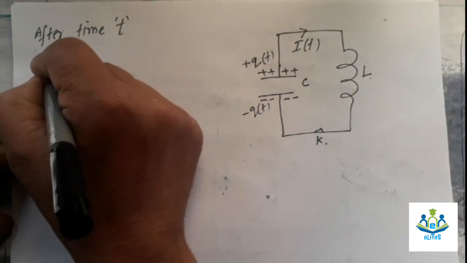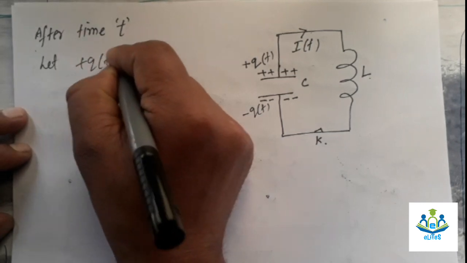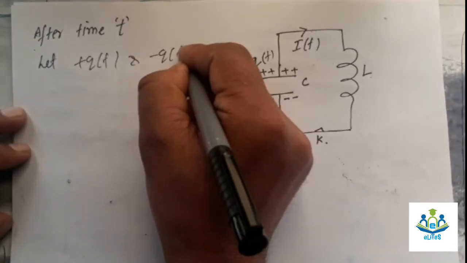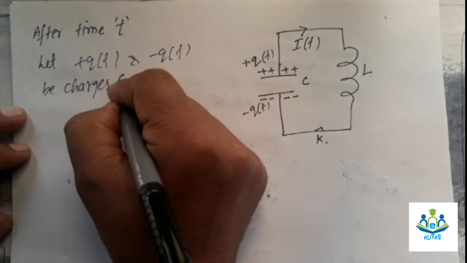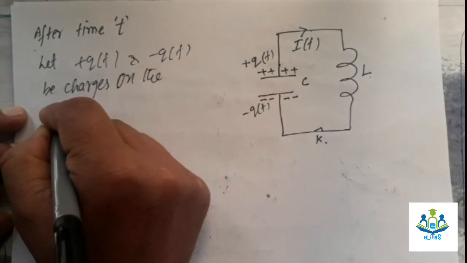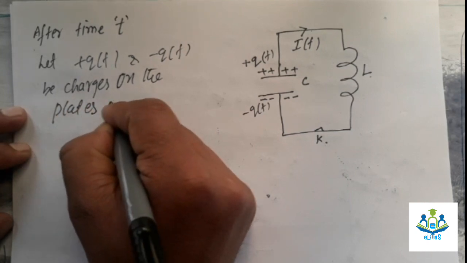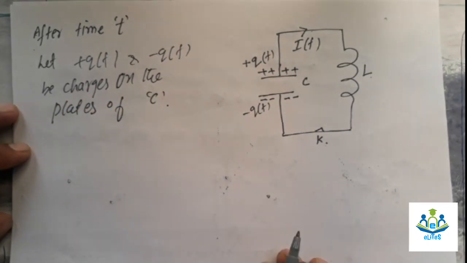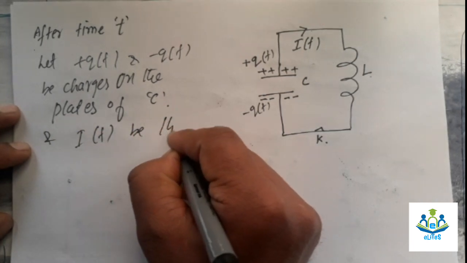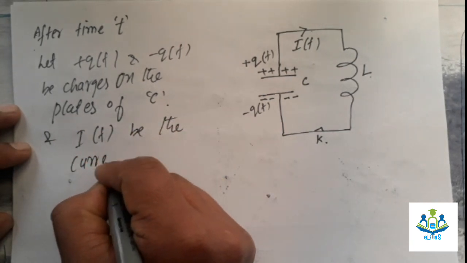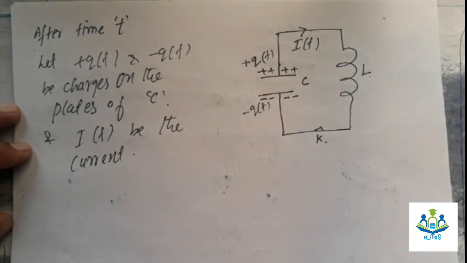So let plus q of t and minus q of t be the charges on the plates of capacitor C, and I of t be the current at any instant of time t.